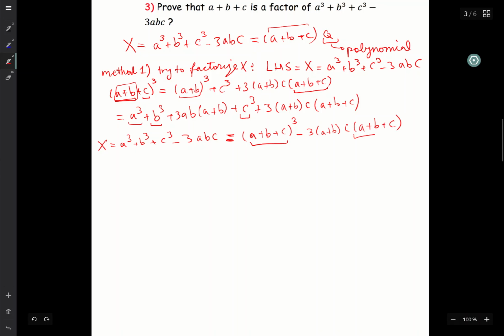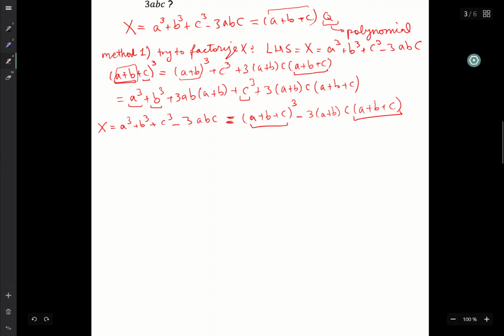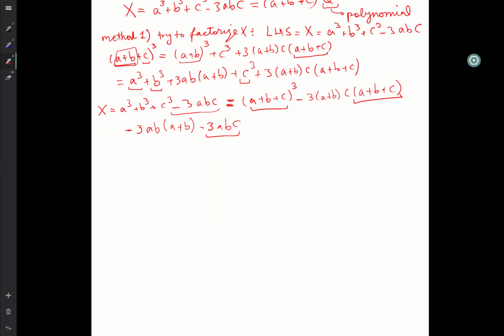Okay, this one also has an (a + b + c), minus 3ab(a + b), okay, minus 3abc. So this 3abc comes from the original expression that we're looking for. It doesn't come from this identity, okay?